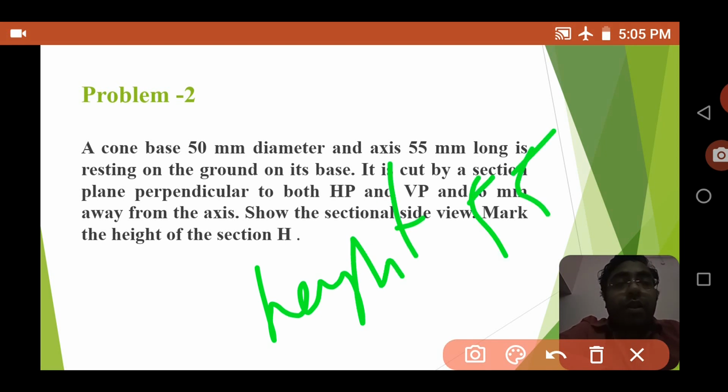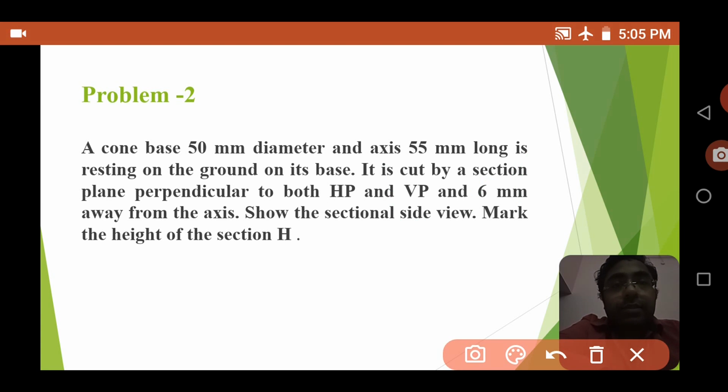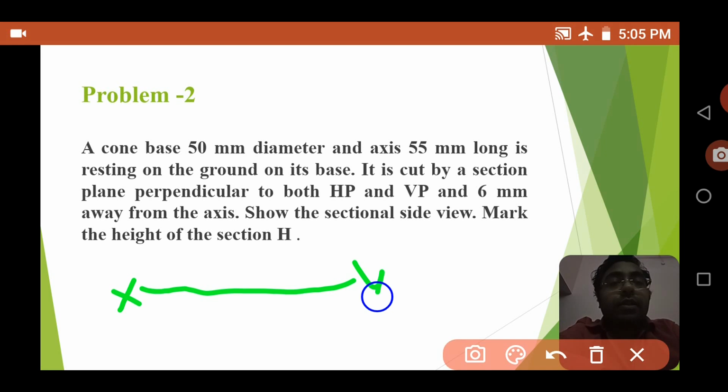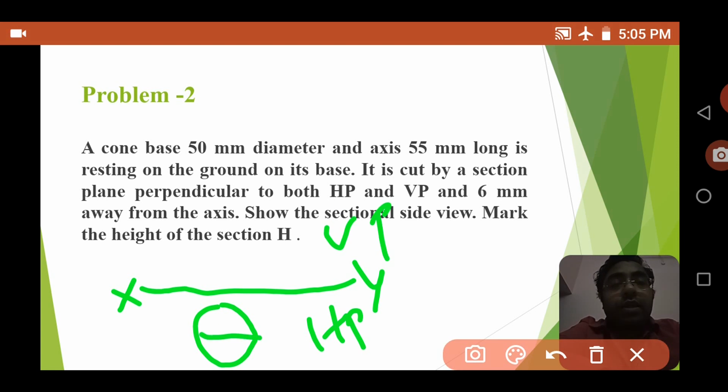Now it says that it's resting on the ground on its base. So the base is on the ground, so you have to draw an xy line and then draw the base in the HP part. So this is in HP and this is in VP.